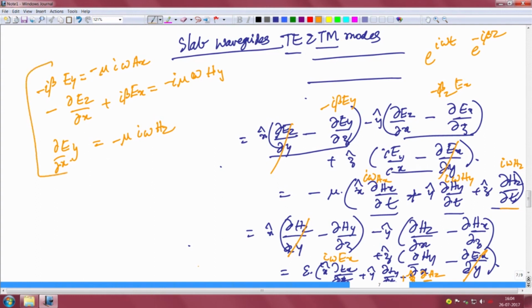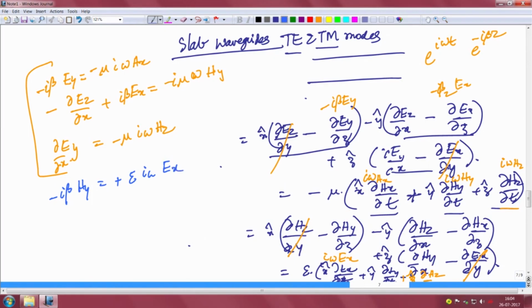Similarly, we can get from the second set also. We can write without looking at it: instead of mu we get epsilon, that is the main difference. I will use a blue color, so that minus I beta into Hy equals, instead of mu, epsilon, plus I omega Ex.